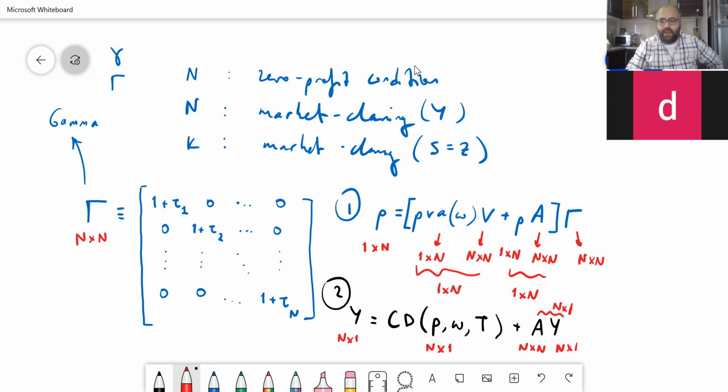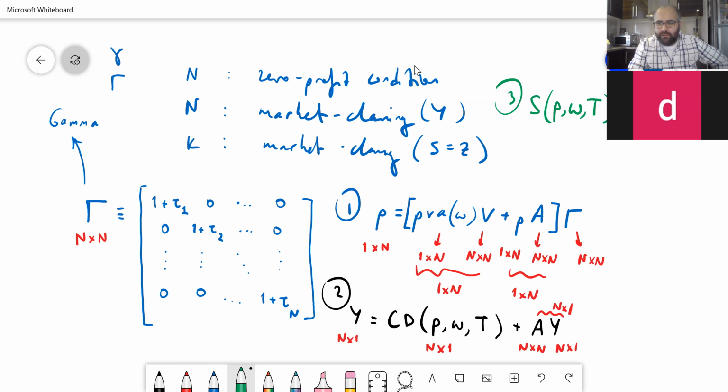Okay, and let me use green for the third one. So we have the supply of factors, right? So supply of factors will depend on product price because this comes from the consumer decision. Factor prices, and again, consumer's income. And this must be equal to the firm's demand.